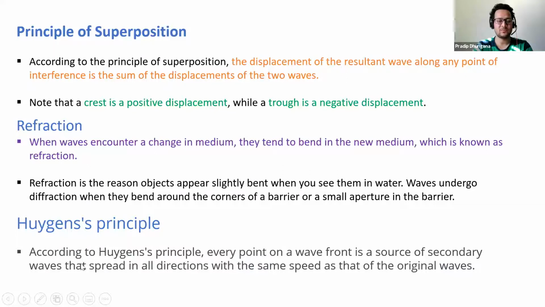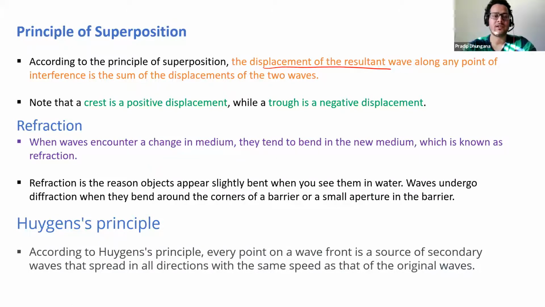Now let's start with the principle of superposition, okay? According to the principle of superposition, the displacement of the resultant wave at any point of interference is the sum of the displacements of the two waves. So to calculate the resultant displacement, we have to add the individual displacements of the two waves.